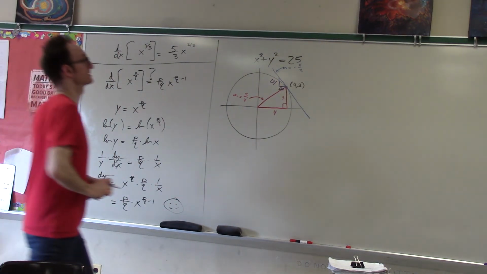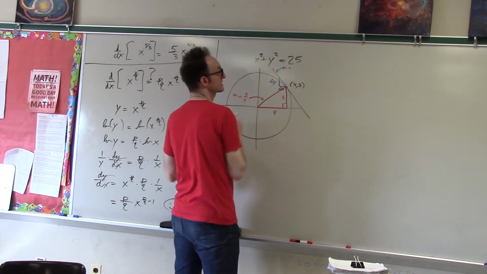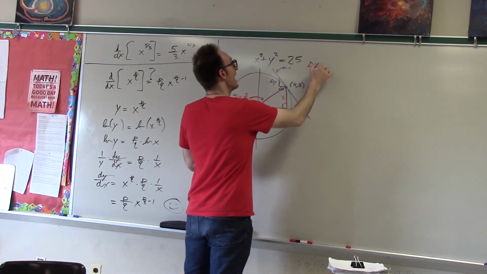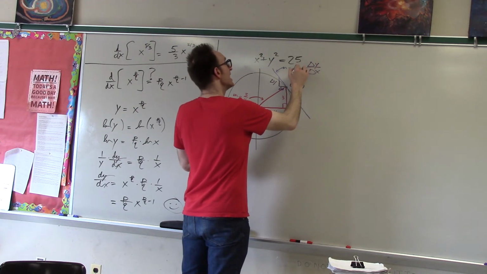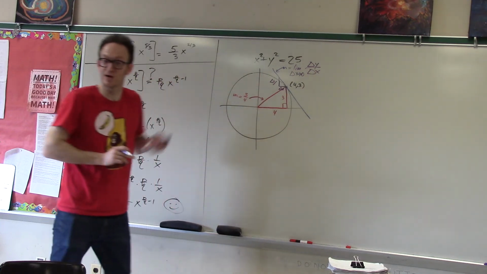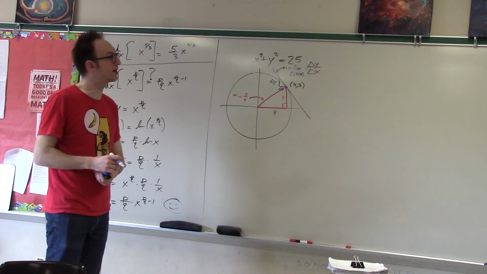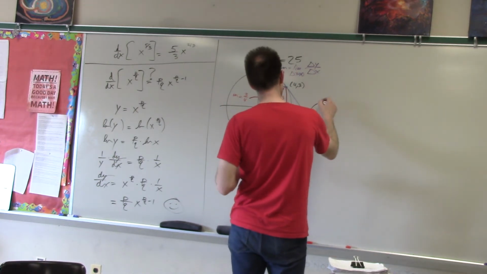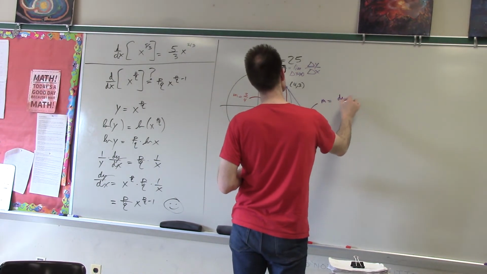That's just what the slope means, right? We already think that the slope is negative 4/3, but this slope is really delta y over delta x as we take the limit as delta x goes to 0. That's just what slope is: change in y over change in x. So if I want to find the slope of this line, what that really means is I want to find dy/dx.